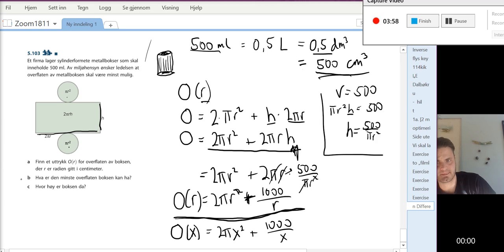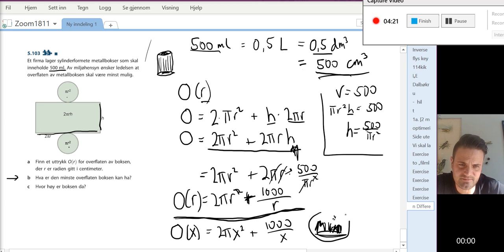So that's A. And B, what is the least surface this box can have? We want to take care of the environment. So I want to find a minimum point of this. I want to use as little metal as I can when I make this box. So I want to find a minimum point of this function, and this we can do in GeoGebra.